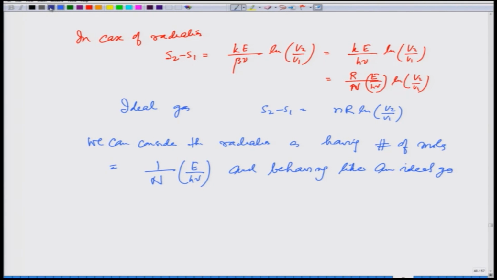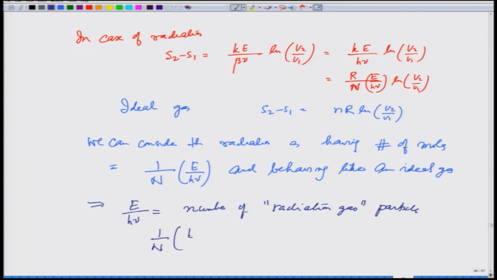So, this also implies then immediately that E over h nu is equal to the number of radiation gas particles. So, that 1 over n is the Avogadro number, E over h nu becomes number of moles.